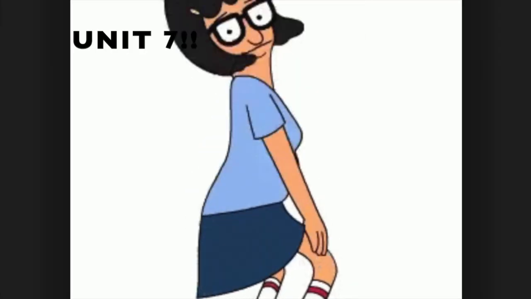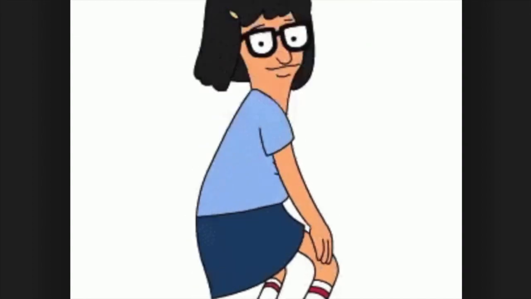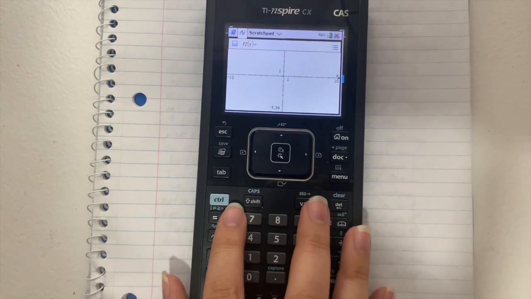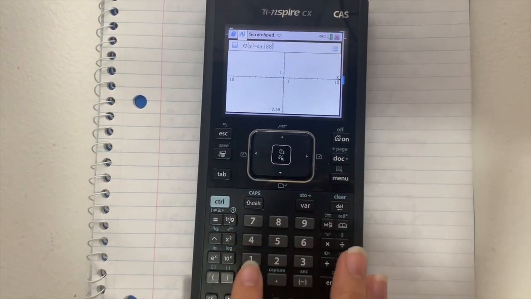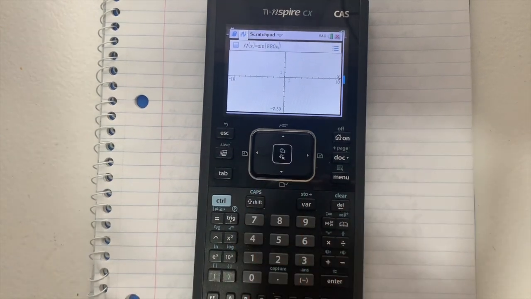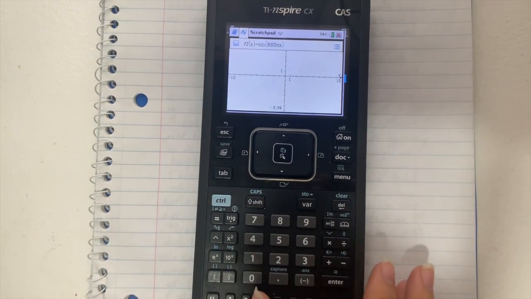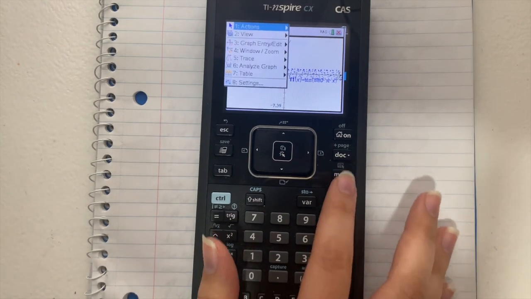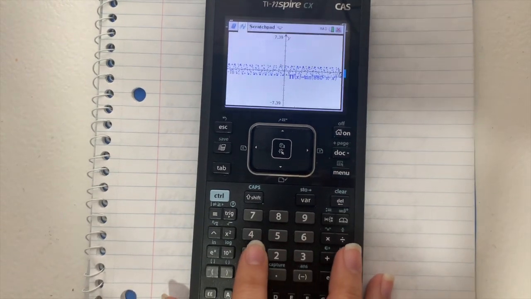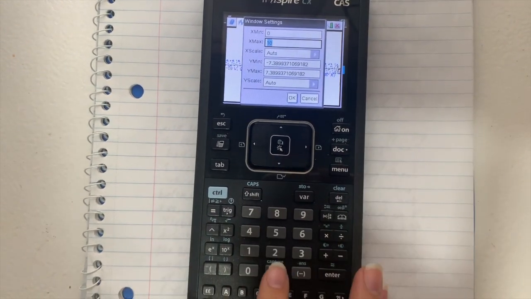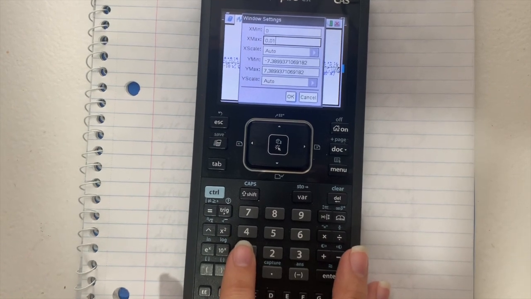Let us throw it back to Unit 7. We could find the area under the curve from the first wave cycle. We would have to find the 0 from the start to the end of the cycle by first graphing sine of 880 pi x. Changing the window from 0 to 0.01 would be preferable.